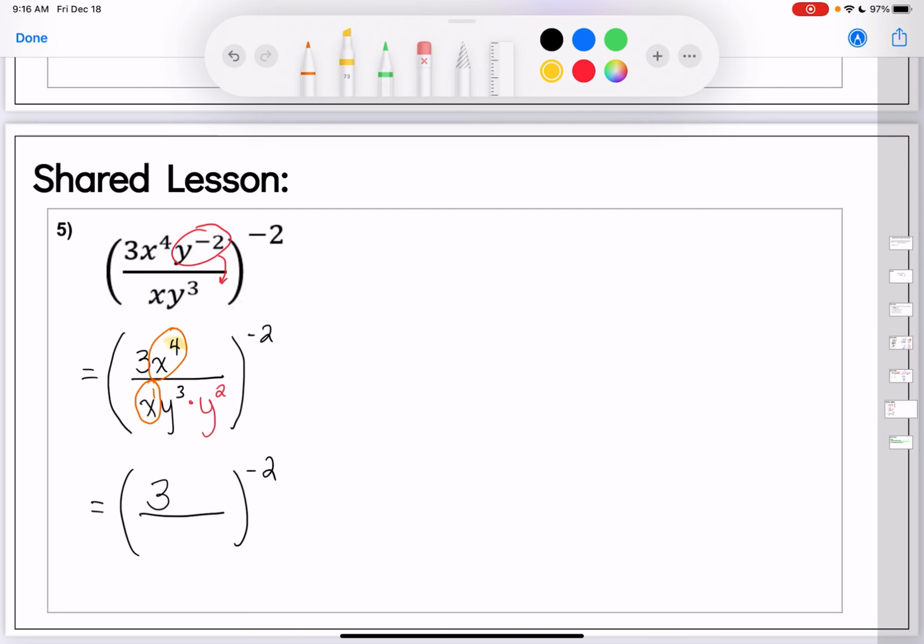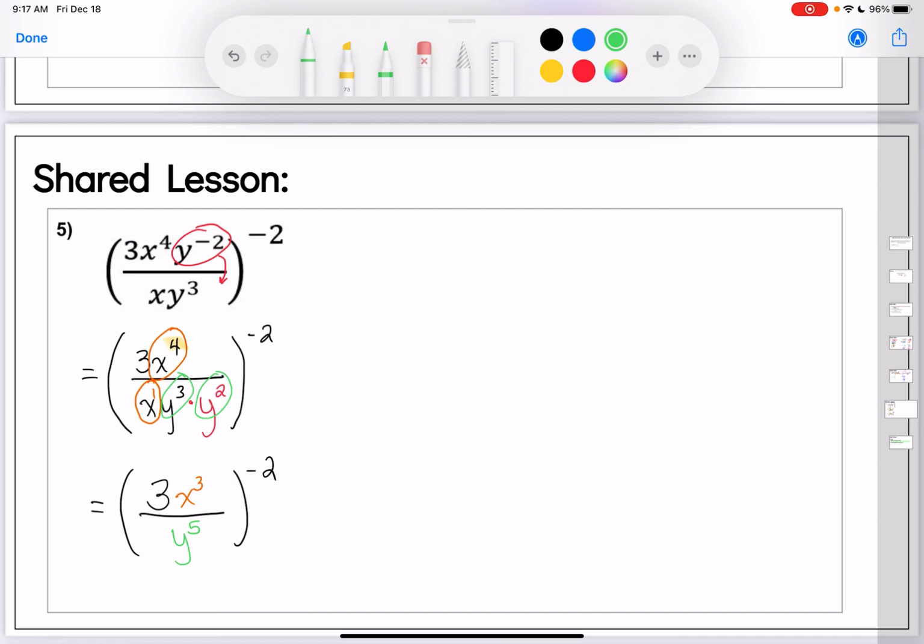I see my bigger exponent was up top, so I will have x to the third left on top. Now I see that I have some like bases down here at the bottom, y to the third times y to the second, all on the same level, multiplying like bases here, so I'm just going to add my exponents and I get y to the fifth down on the bottom.